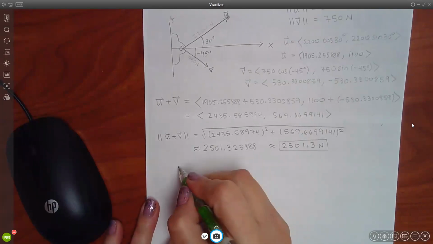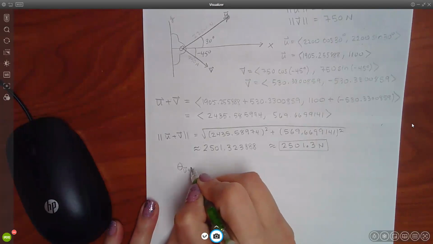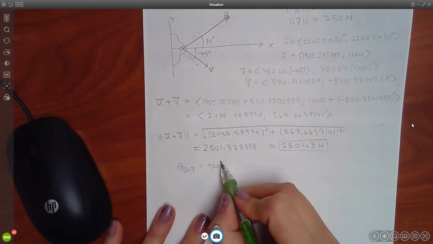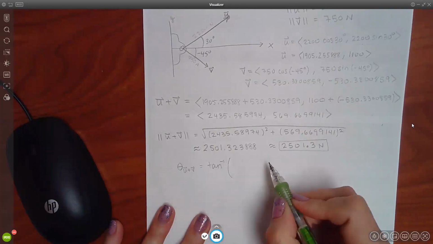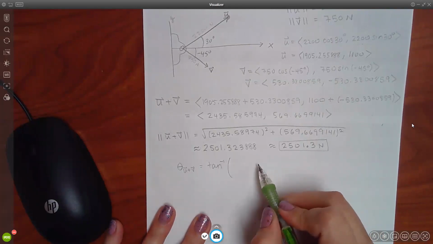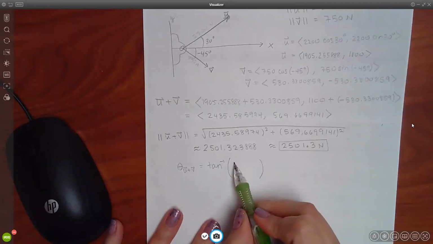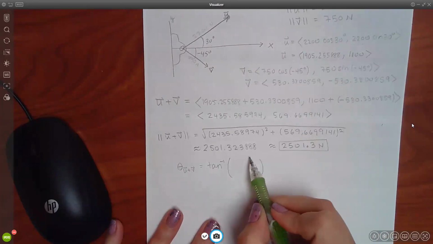Now, in order for me to find theta for this resultant vector, that is going to be the tangent inverse of the x component, sorry, it's always y over x. So the y component over the x component.